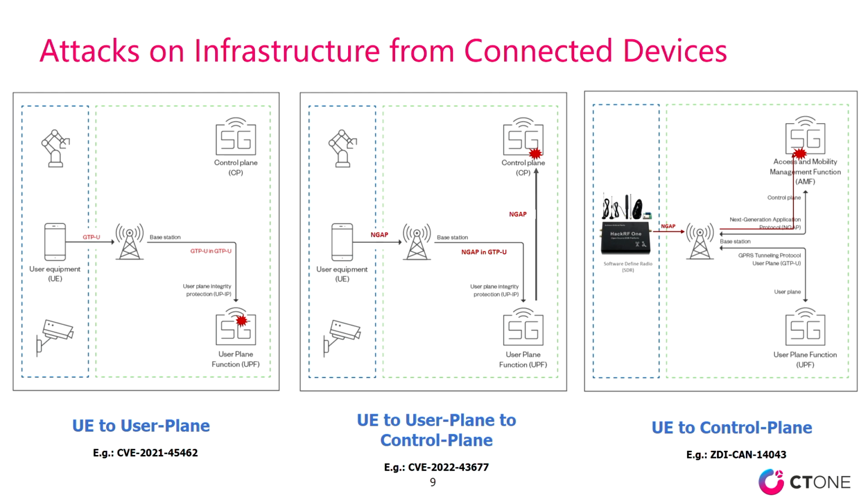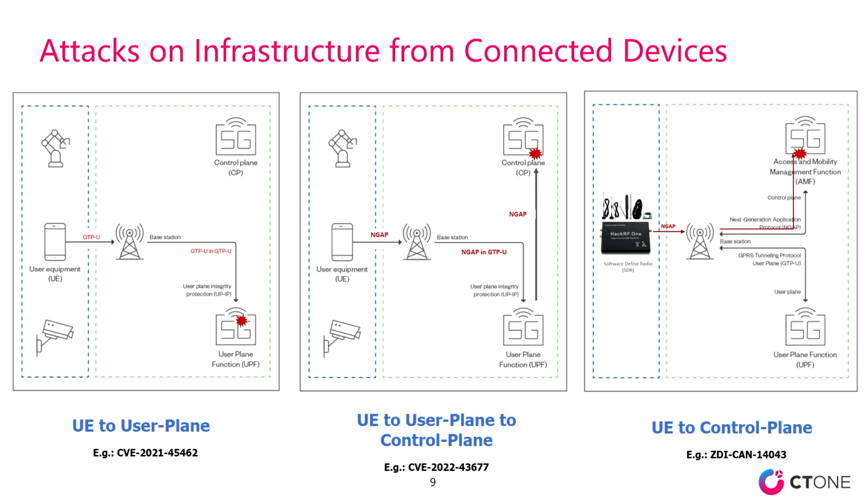Now, some of you may be familiar with GTP in GTP attack. It's been around for a long time, but that GTP in GTP is actually GTPC in GTPU, but here I'm talking about GTPU in GTPU. And in this case, this is a variation where the user equipment can send a control plane signal, but from application level.